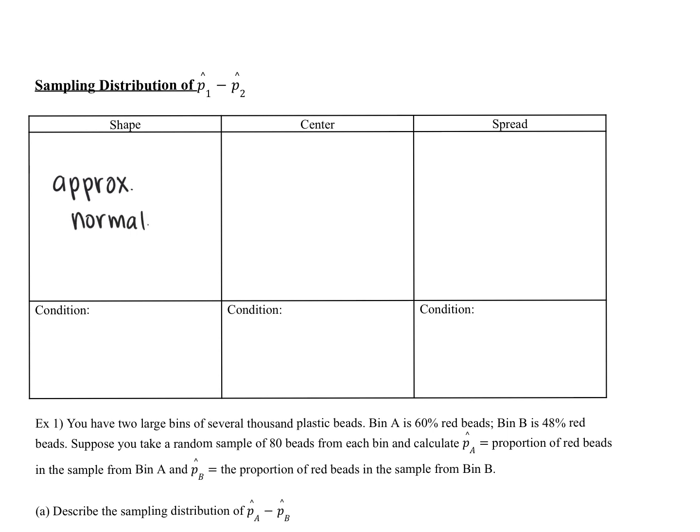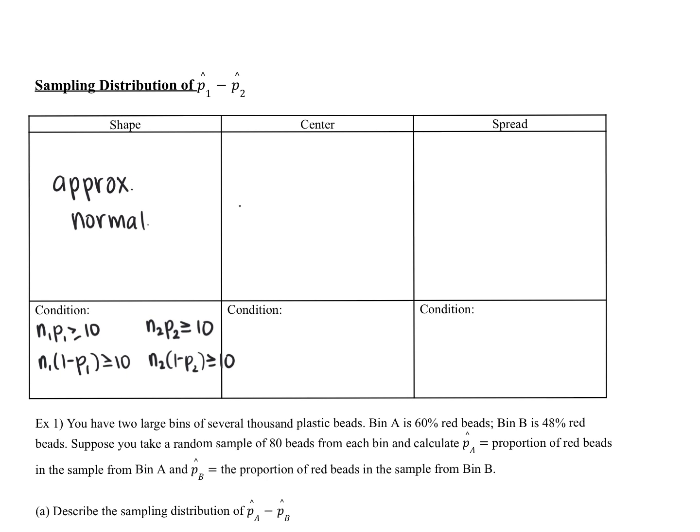When you check that condition, you have to check it for the first proportion: N1 P1 is greater than or equal to 10, and N1 times 1 minus P1 is greater than or equal to 10. You have to check it for the second group as well: N2 P2 has to be greater than or equal to 10, and N2 times 1 minus P2 has to be greater than or equal to 10. You have to check that both distributions are normal, and then we can say that their difference is normal.